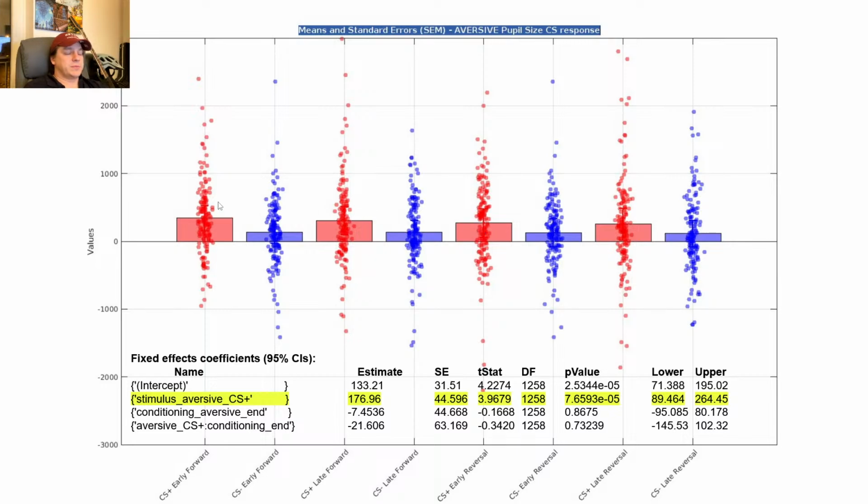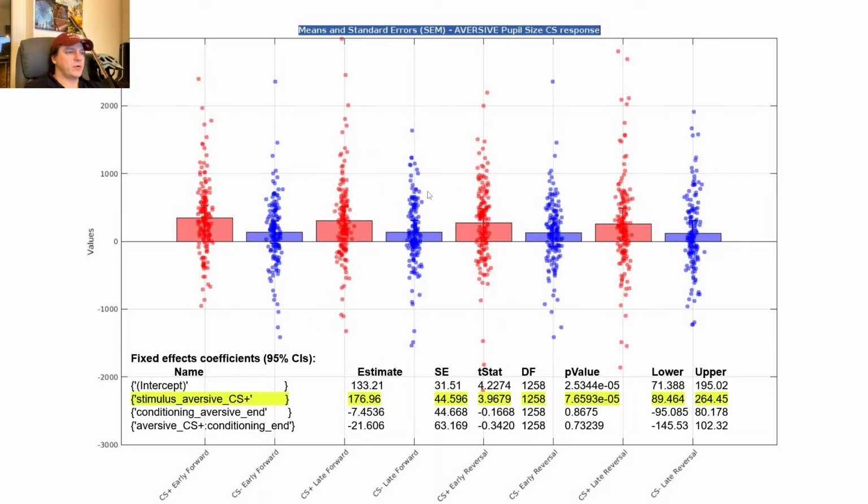The conditioning is pretty fast, so they are different just from the beginning. When taking the subjects as a random effect, as a fixed effect we took CS plus and CS minus, the stimulus, and the conditioning beginning or the conditioning end.